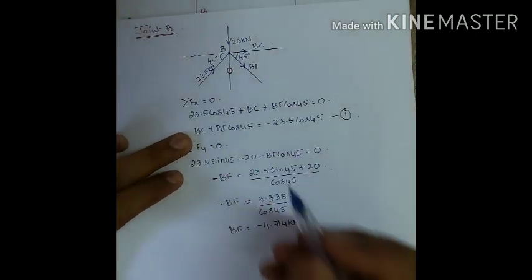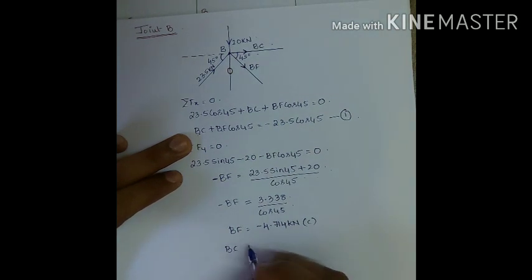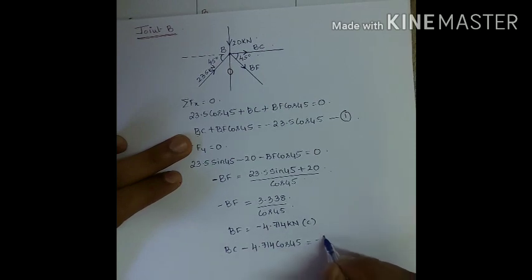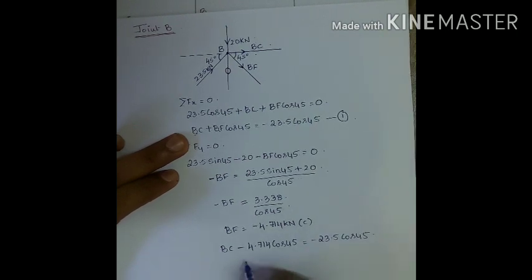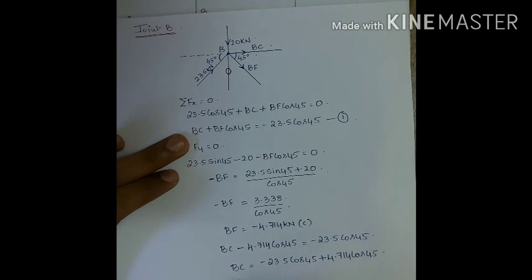So substitute this BF value here. So BC minus 4.714 cos 45 is equal to minus 23.5 cos 45. This becomes BC is equal to minus 23.5 cos 45 plus 4.714 cos 45. So BC comes out to be minus 13.33 kilonewton, which is under compression.